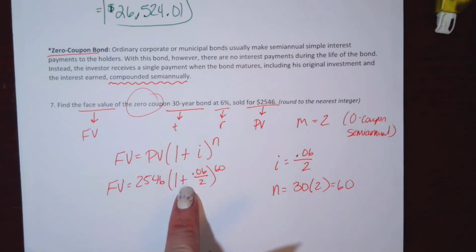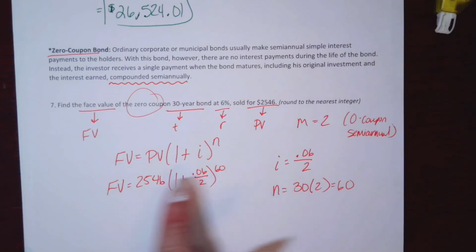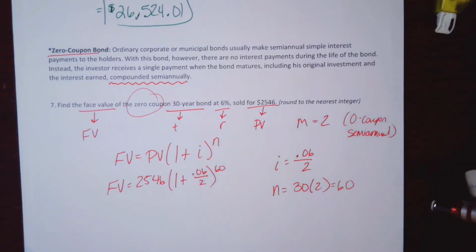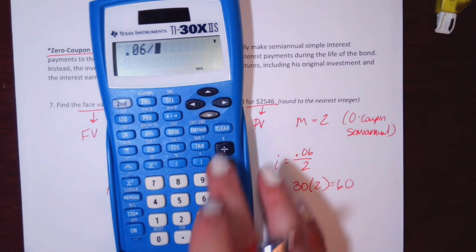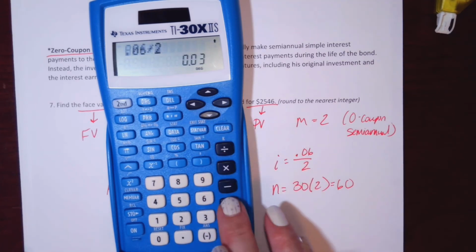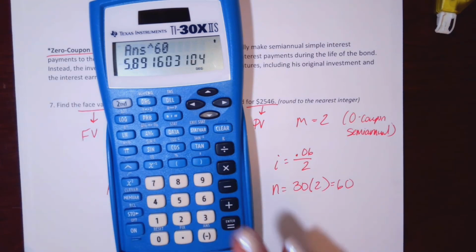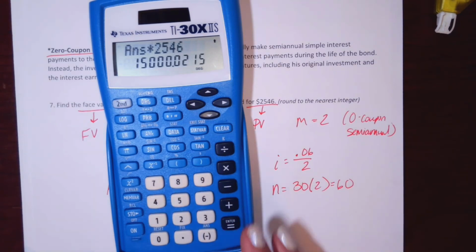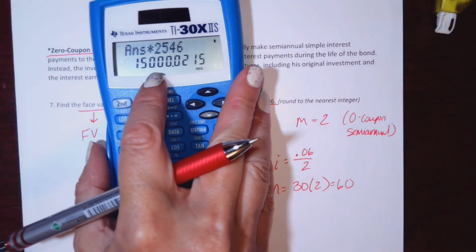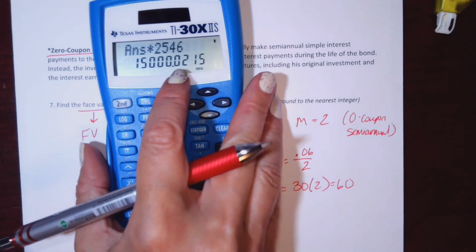Start on the inside. 1 point something raised to the 60th power, then the very last thing I do is multiply by 2546. So we've got 0.06 divided by 2 plus 1 raised to the 60th power times the purchase price of $2,546. And I see that the face value or the future value of the bond is $15,000 and about 2 cents.